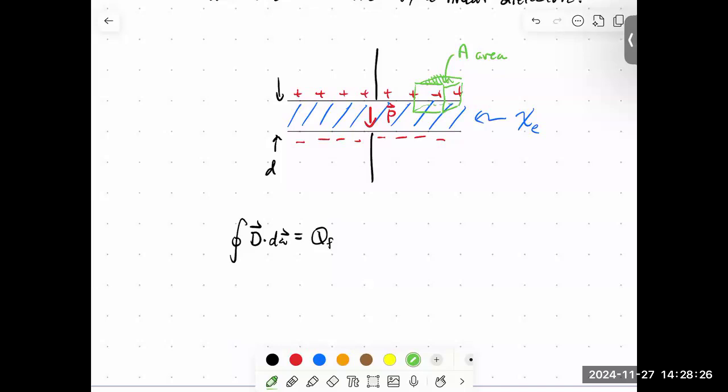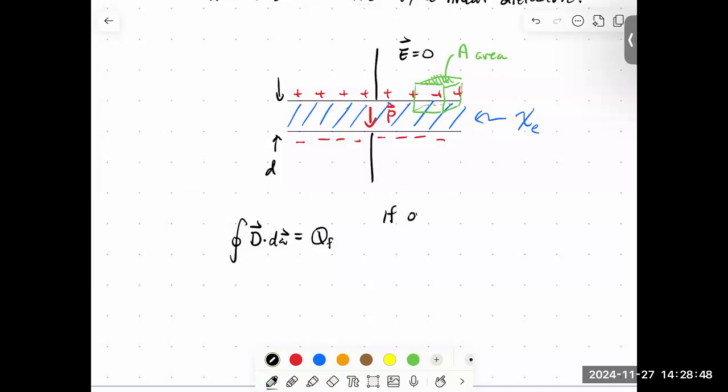So we know that the electric fields are going to be vertical in the capacitor, and it's going to be 0 outside. So we're pretty sure that we should find E equals 0 outside and E not equal 0 inside.